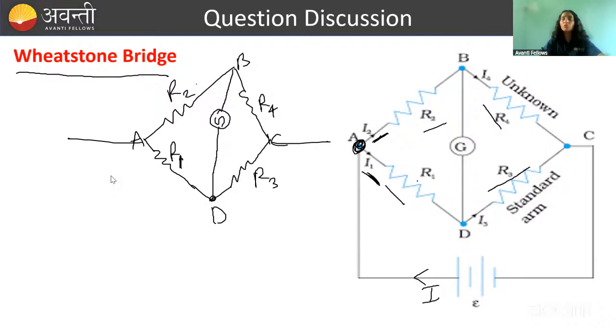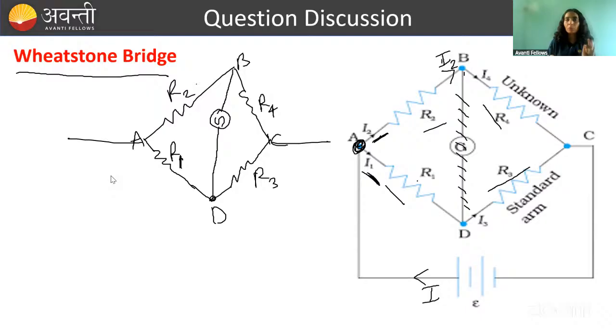Now if there is no current flowing through the galvanometer, in that case करंट जो यहाँ पे आया है I2, that won't get divided at point B because across galvanometer there is no current. So basically what I want to say is कि Wheatstone bridge दिखता ऐसा है.